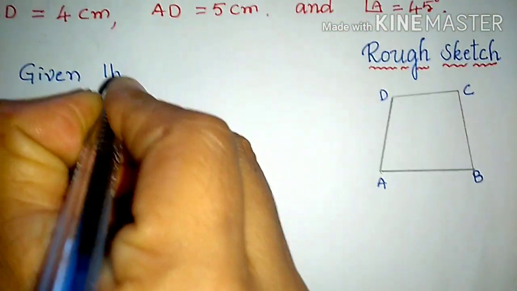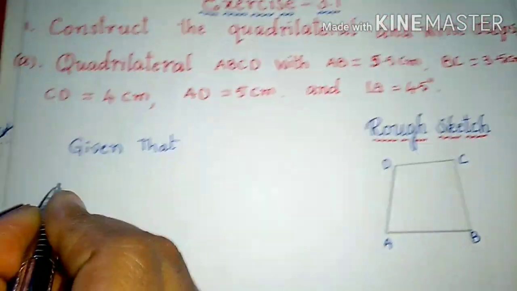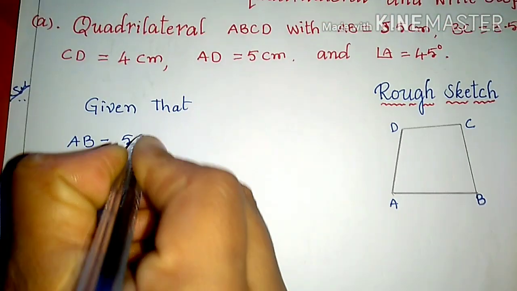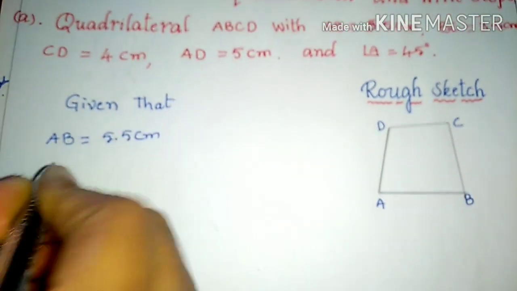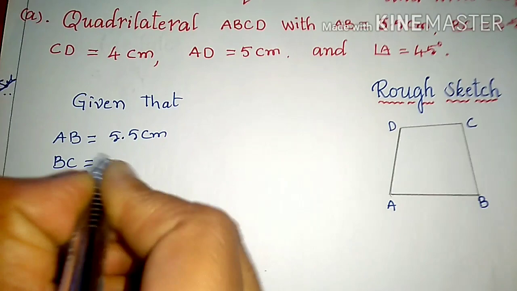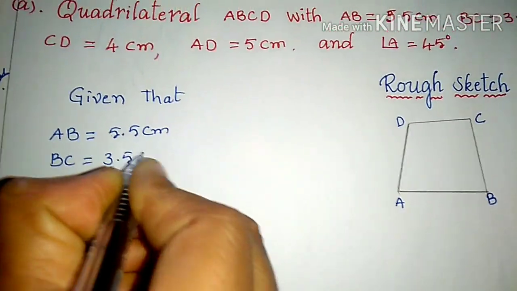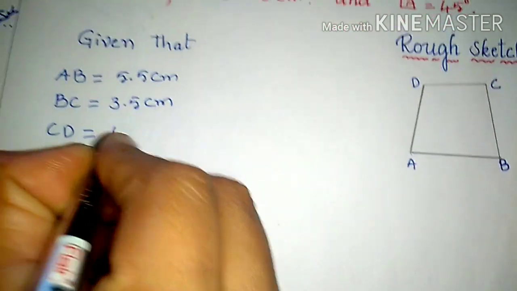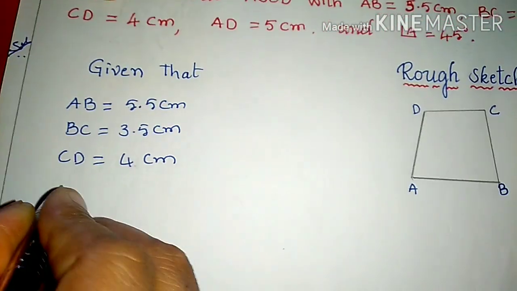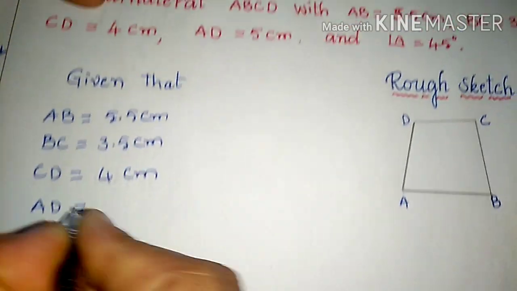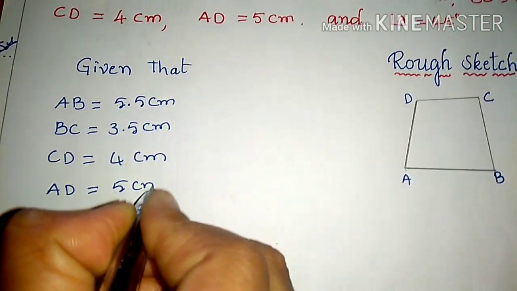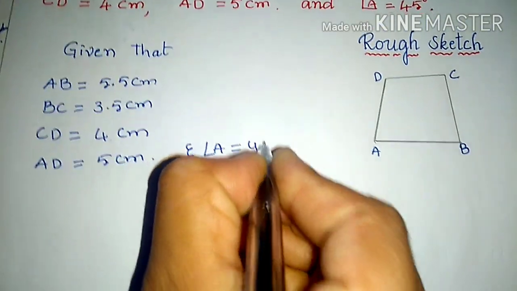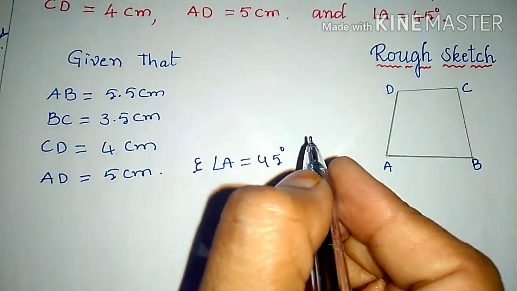Given that AB equal to 5.5 centimeters, BC equal to 3.5 centimeters, CD equal to 4 centimeters, AD or DA equal to 5 centimeters and angle A equal to 45 degrees. It is given.